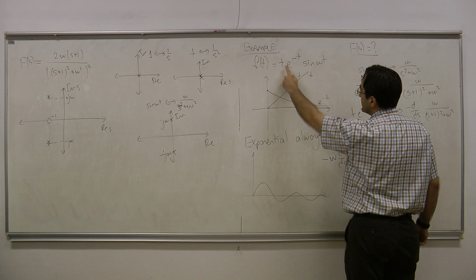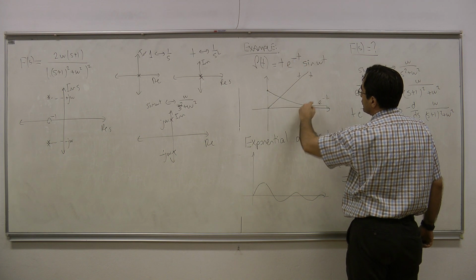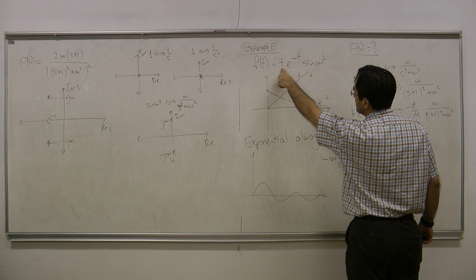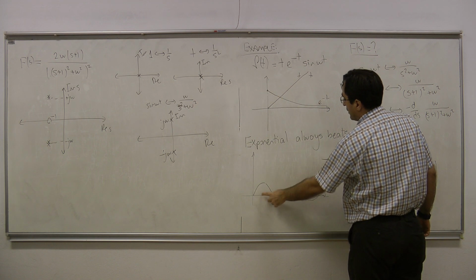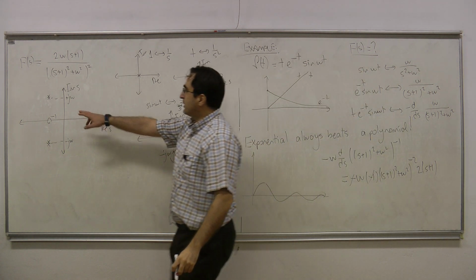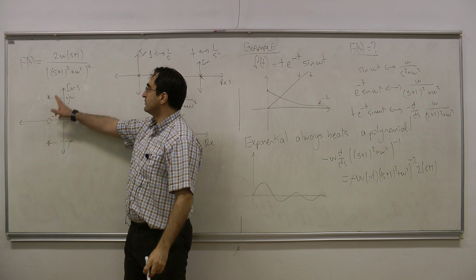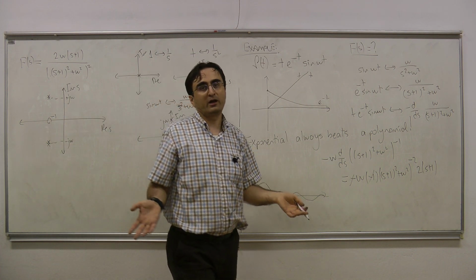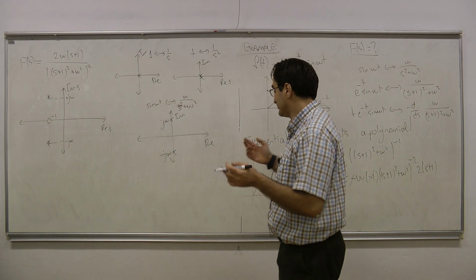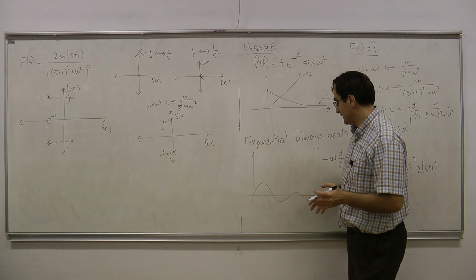It is a decaying exponential, and it's going to beat whatever it has in the front. So the real parts of the poles tell us that the function is going to decay to 0 as time goes to infinity.